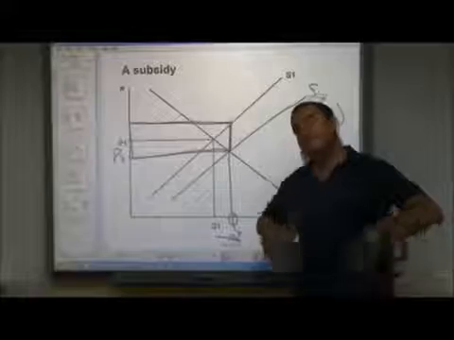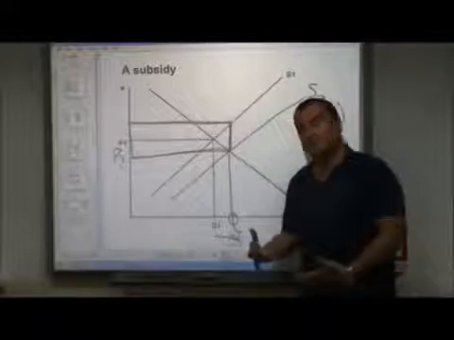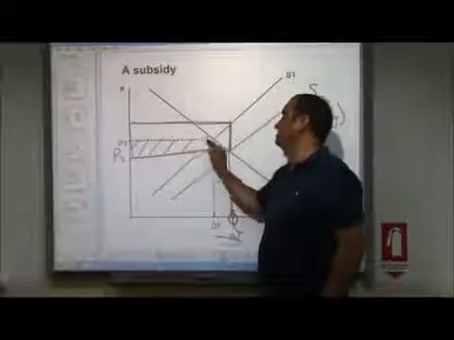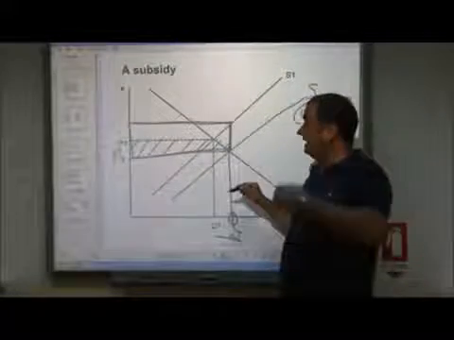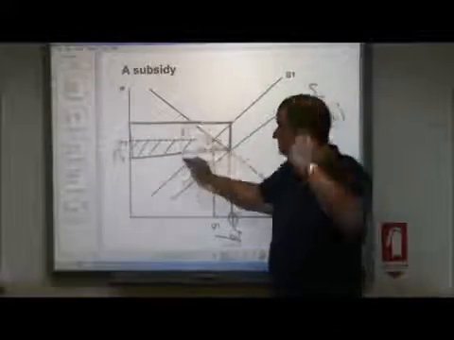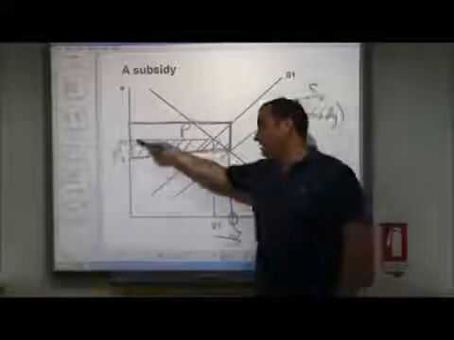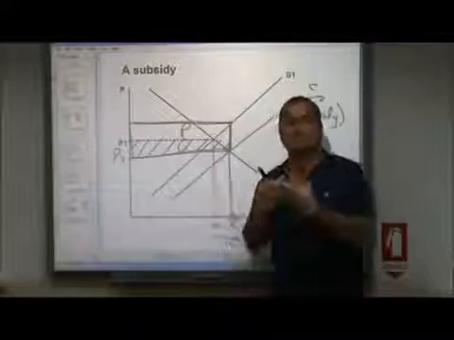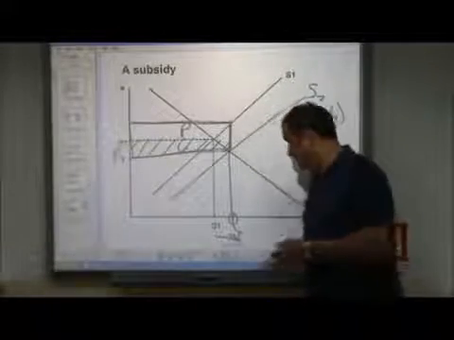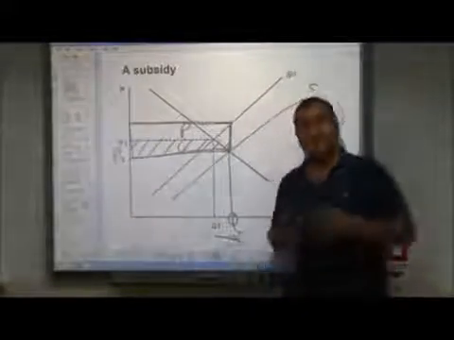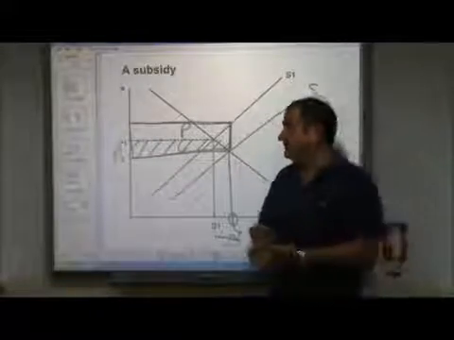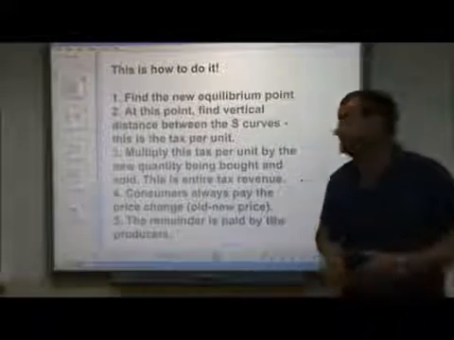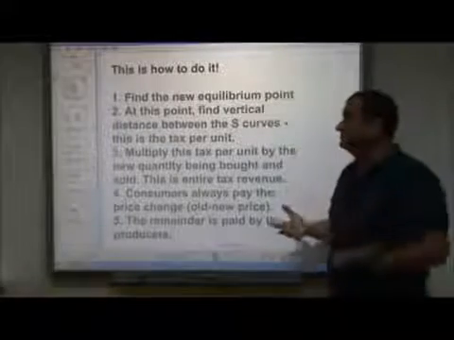But how much of that subsidy was given to the consumers? Well, that's this area because it's the change in the price. And the rest is given to the producers. So the consumers get the fall in price, the rest of the subsidy was kept by the producers. Okay? So this idea of going to the new equilibrium point works for subsidies too.